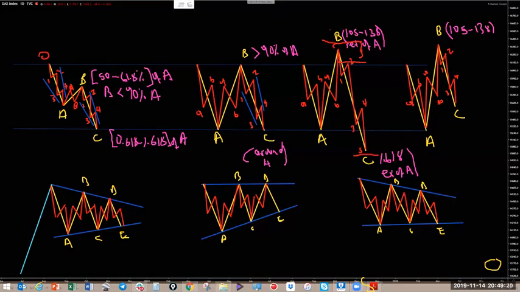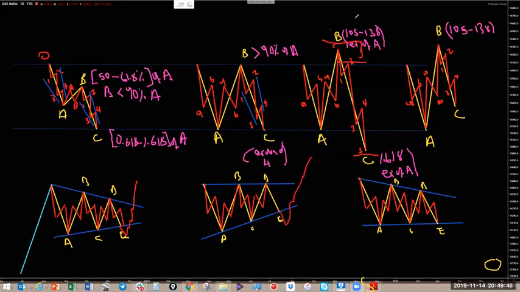A wave 5 following a triangle can either be sharp, short, and brief, or turn into an extended wave 5. Now, similarly with diagonals, your wave E can overshoot and then do this.